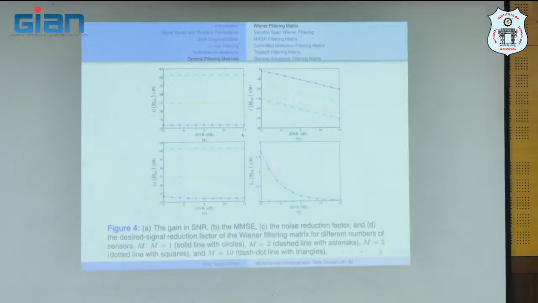Why is the jump here? Because for this example, when we have the desired source, if we have one sensor, in order to reduce noise, we use the Wiener filtering matrix. So in order to reduce noise, we need to distort the signal.